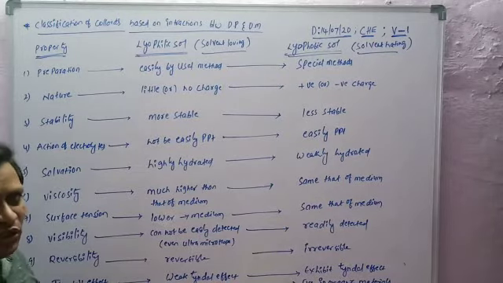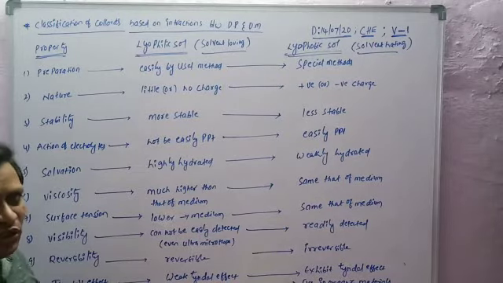Similarly, lyophobic sols are prepared from inorganic materials, like silver, iron, hydroxides of metals, aluminum hydroxide, iron hydroxide, arsenic sulfides, smoke, cloud, gold sol.